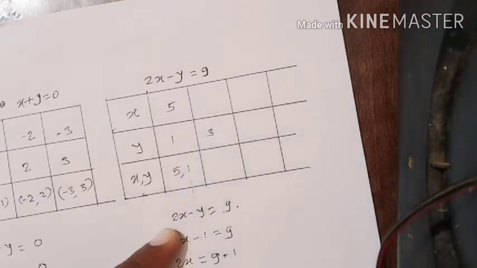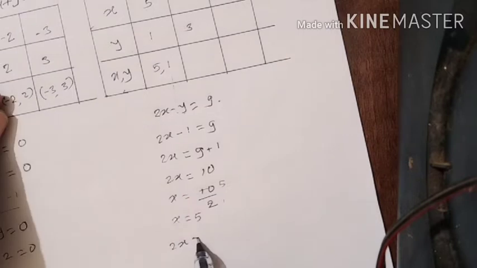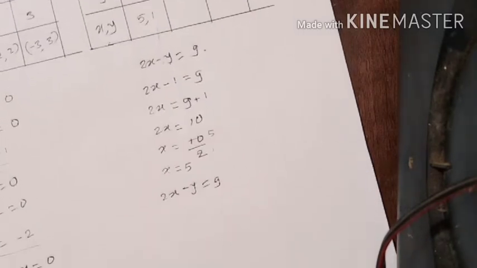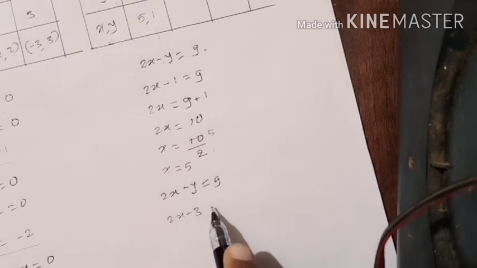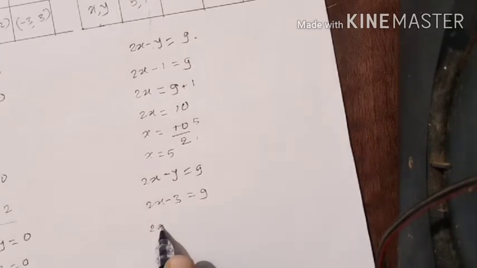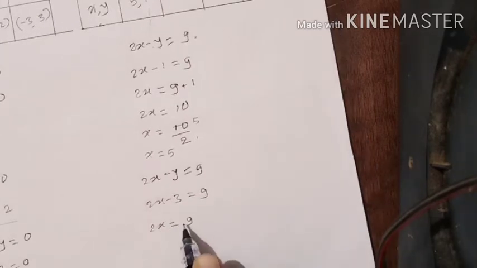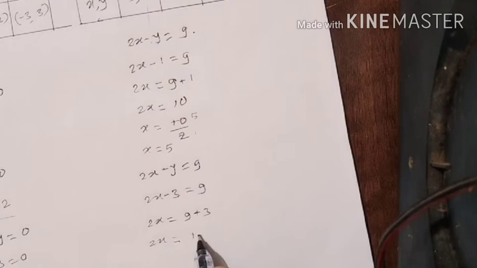Then write the equation for calculation. 2x minus y is equal to 9. It is the equation, and the value of y is 3. Therefore, 2x minus 3 is equal to 9, and 2x is equal to 9 minus 3 becomes plus 3. Therefore, 2x is equal to 12. 9 plus 3 is equal to 12.